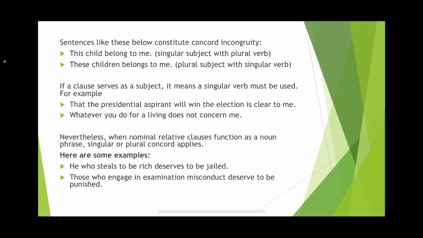Whatever you do for a living does not concern me. Nevertheless, when nominal relative clauses function as a noun phrase, singular or plural concord applies. Example, he who steals to be rich deserves to be jailed. Those who engage in examination misconduct deserve to be punished.